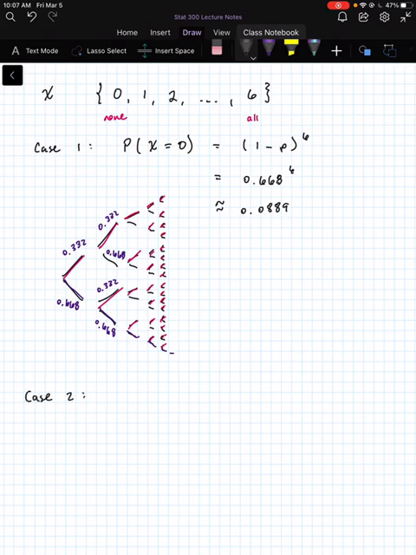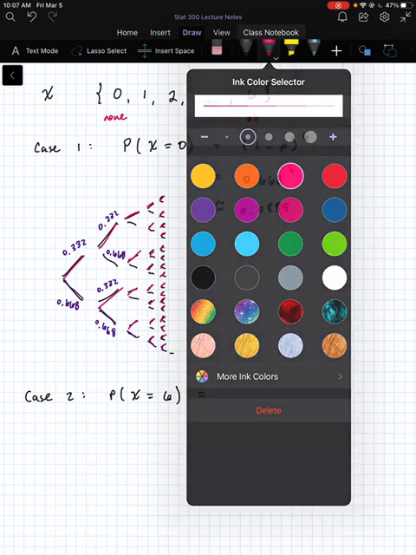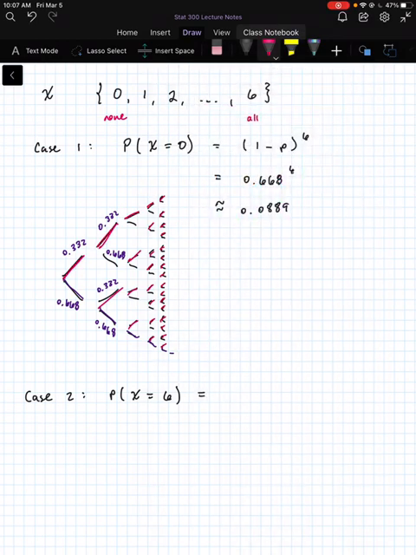Case 2, which is the other extreme, what's the probability that all of them have hypertension? Well, that'll be the exact opposite, which will be the top branches only, and so we actually get p to the 6th, which is 0.332 to the 6th, and that's roughly 0.0013.